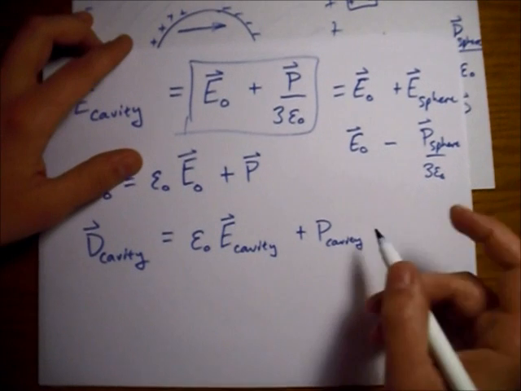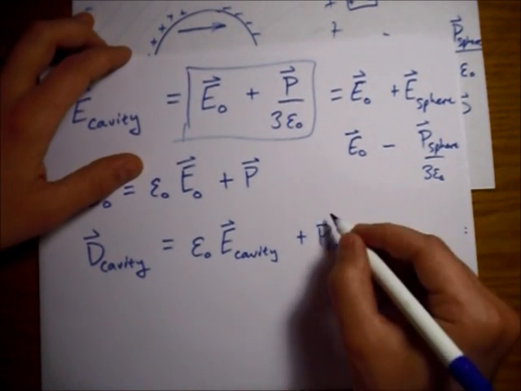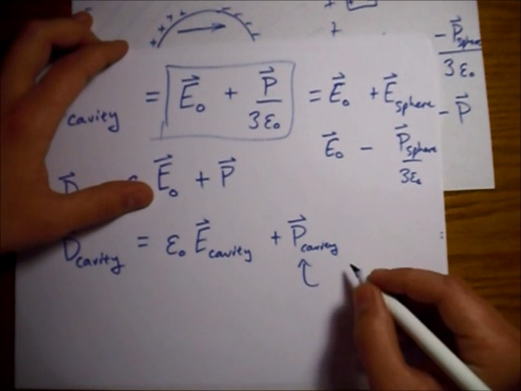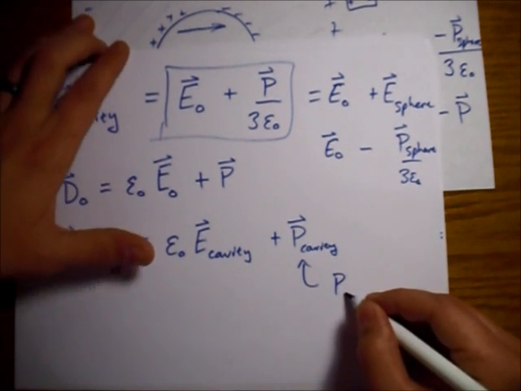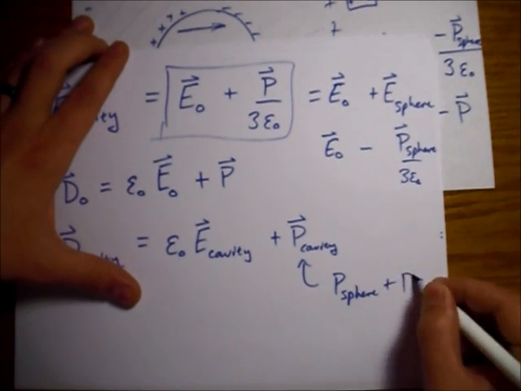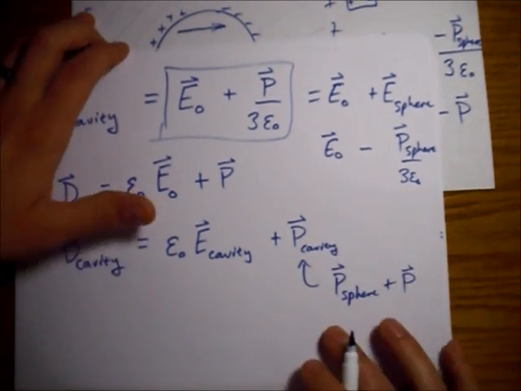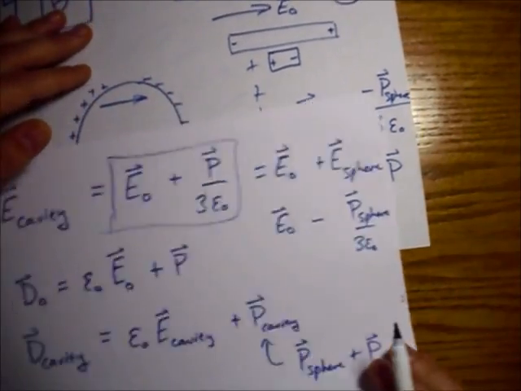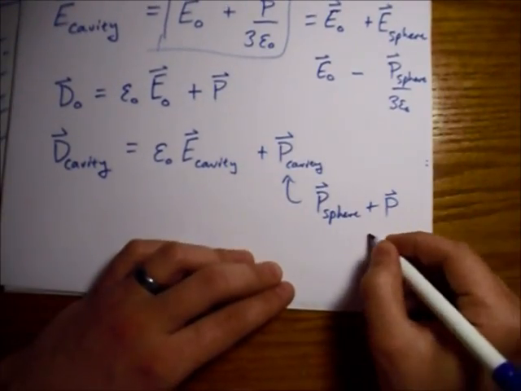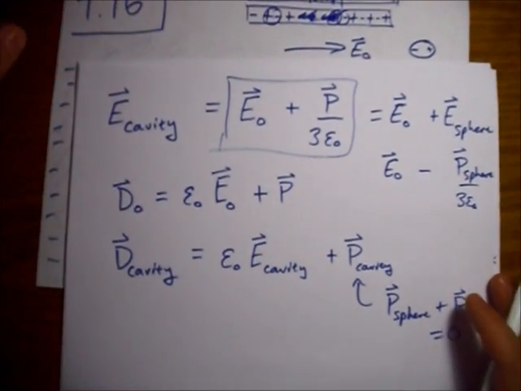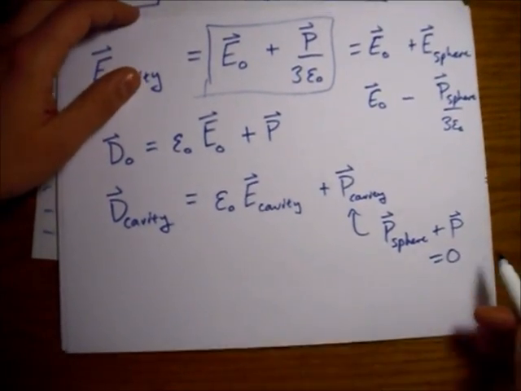The polarization of the cavity, this piece right here, is equal to the polarization of this sphere that we put in there plus the original polarization, which are equal and opposite to each other. So the polarization of the cavity is equal to 0, which makes sense. It's a cavity, it doesn't have polarization.